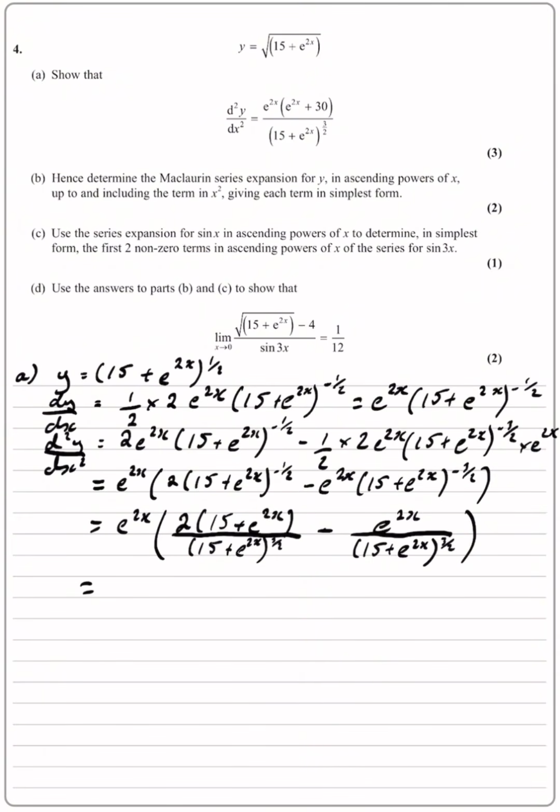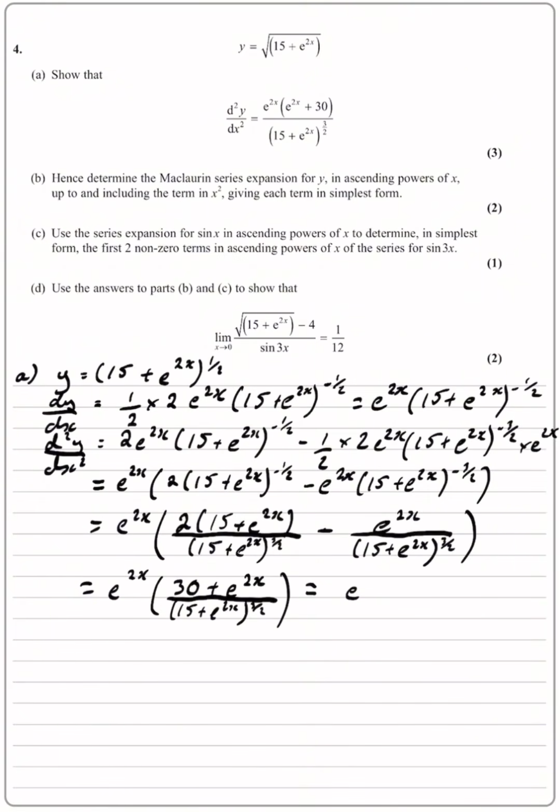So we can now expand and subtract the numerators. So we'll get 30 plus 2 lots of e to the 2x minus e to the 2x. I'm going to simplify that straight away as e to the 2x over the common denominator. And now I'm going to put the e to the 2x back into the numerator.